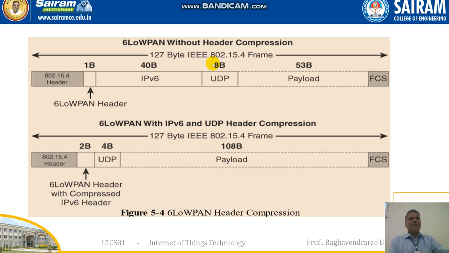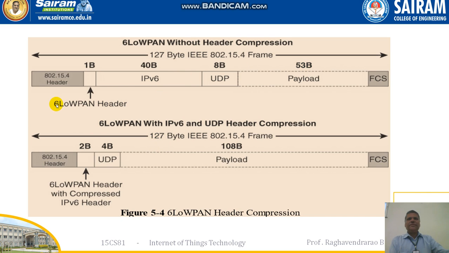So how does header compression work? Let us see the 802.15.4 header. In total we can see 1 byte, 40 bytes, 8 bytes and 53 bytes, a total of 127 bytes.